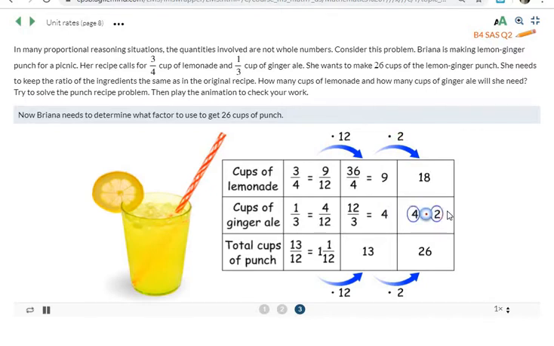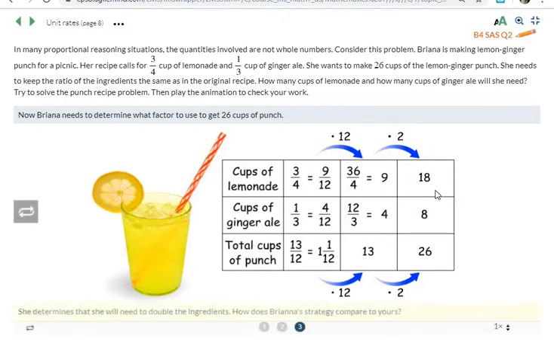Now she's able to find she needs 18 cups of lemonade and 8 cups of ginger ale, and together that gives her the 26 cups of this nasty punch. I don't know if it's nasty, it just sounds nasty.